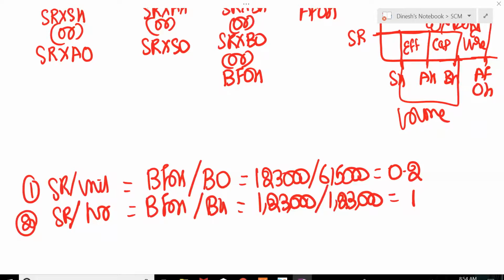The only extra point I have is AO is something which you have to compute with the help of all of those equivalent units given in the question. DOC equivalent units you'll have to do. Get to the AO, post that it's a normal, simple, straightforward problem. Any doubts on 0.2 and 1?